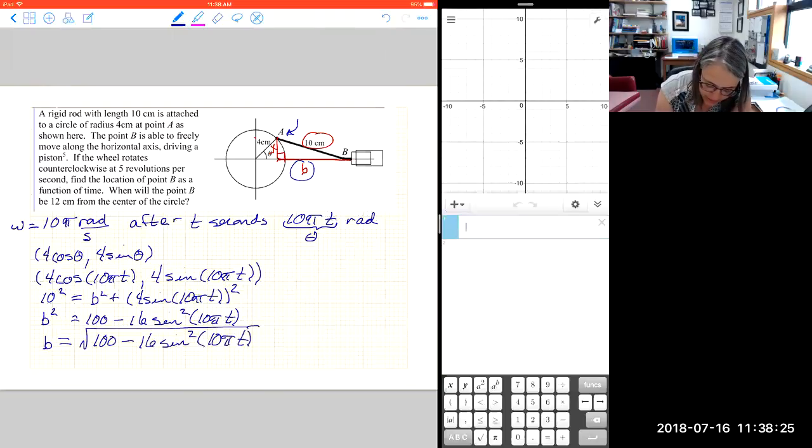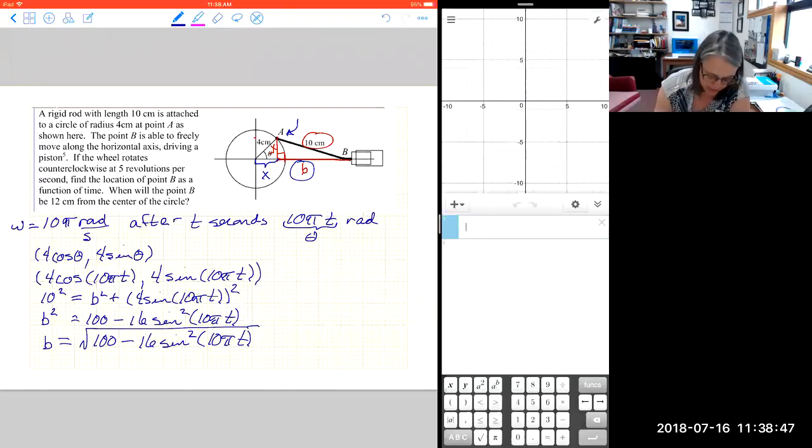Now this base is almost the x-coordinate of my rod. What's missing? Well, it's that distance right there, and that distance is my x-coordinate.